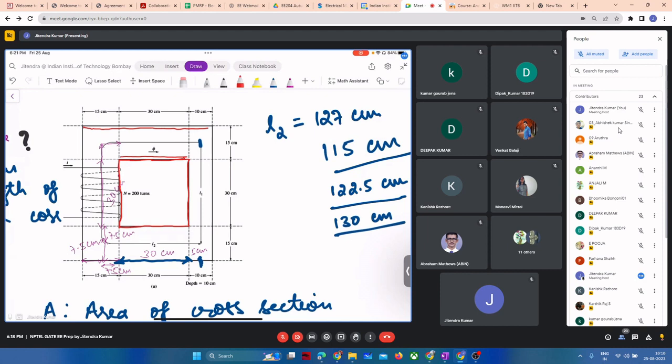And if you are underestimating or overestimating the reluctance, it means you will not be able to supply appropriate current to the winding, which will be responsible to channelize the flux through the core.